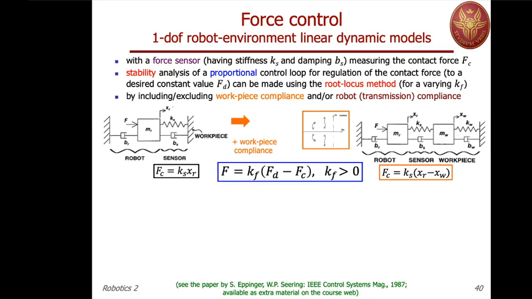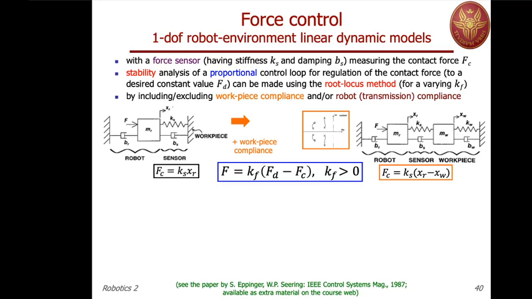So when you're just in contact with a compliant workpiece like this, then xr and xw will have the same value, and suppose that this is the zero value for them. Now if you push on the robot mass with the force F, xr will increase, and this will compress a bit the sensor, which has a stiffness ks, and this elastic force in the sensor will compress a bit the position of mw, depending on the stiffness kw.